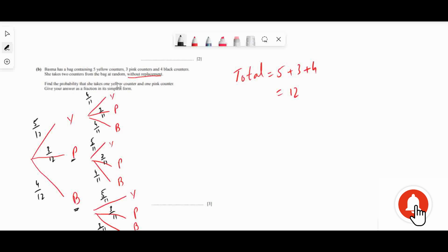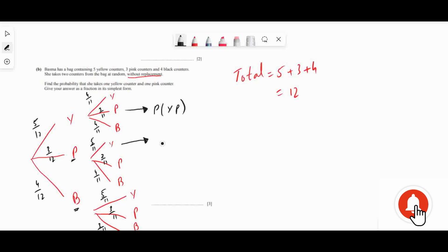Now find the probability that she takes one yellow and one pink counter. So I'm ignoring the other ones. This will represent one yellow and one pink. They did not say that the first one is this and the second one is this, so we will ignore the order.